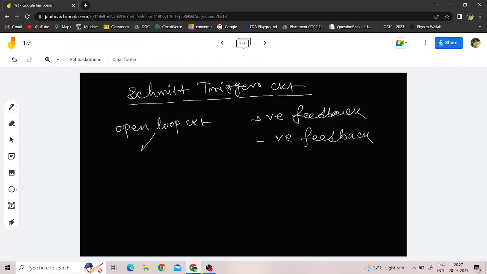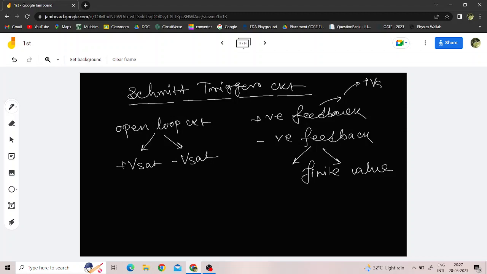In this case, the two possible outputs are plus Vsat or minus Vsat. In this case, the output will be a finite value, and for positive feedback, the output has two possibilities, either plus Vsat or minus Vsat.